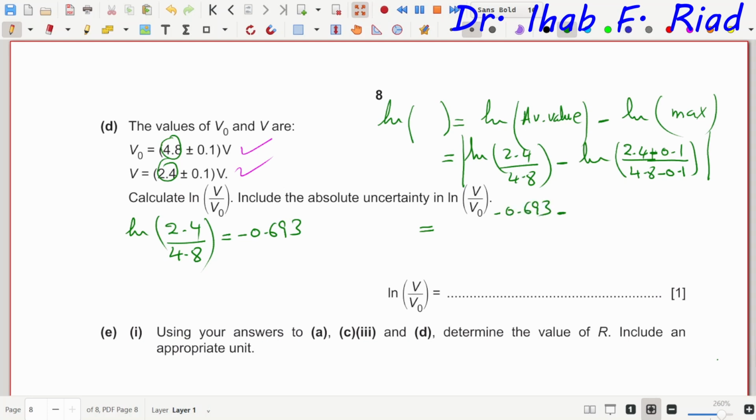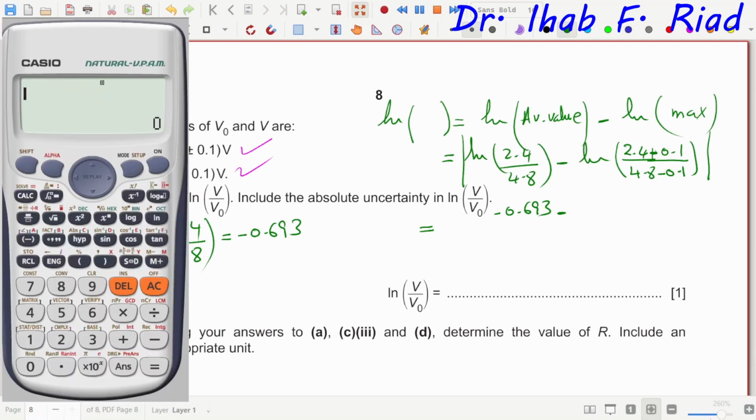This part is minus ln 2.5 divide 4.7. Let me see how much. Sorry, 0.631.